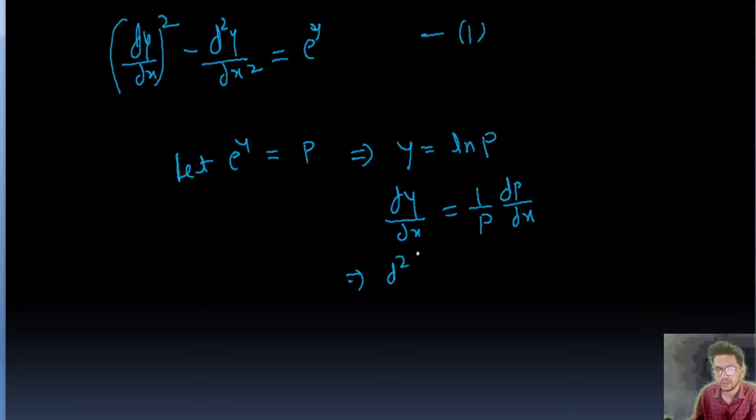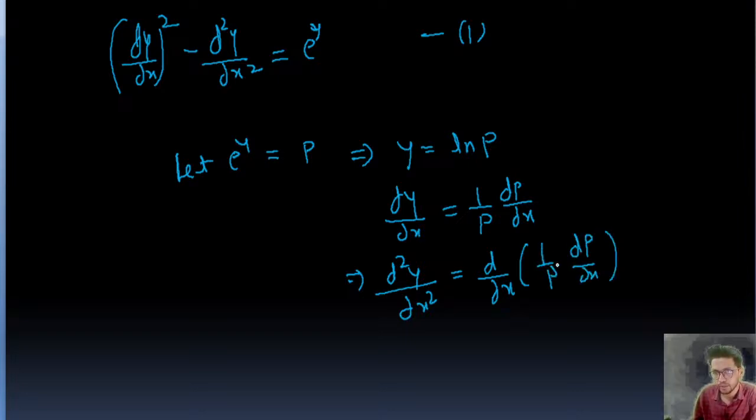Now d2y upon dx squared is going to be, again, we'll differentiate it. Here you need to understand, guys, this means d upon dx of (1 upon p times dp upon dx). You have two functions, 1 upon p and dp upon dx, so we'll use the product rule.